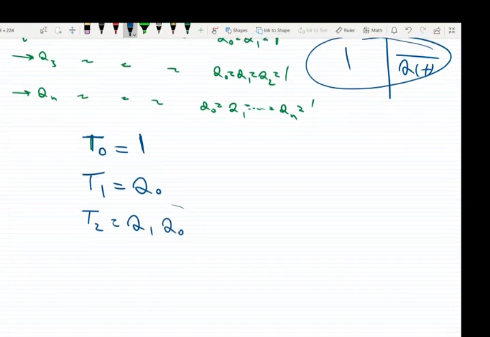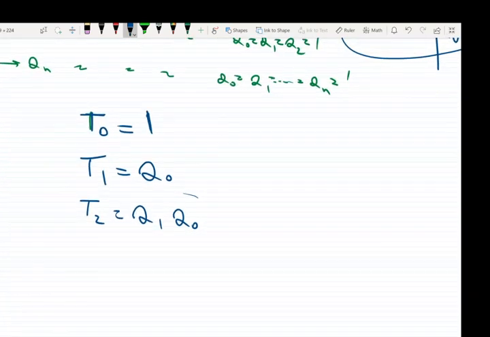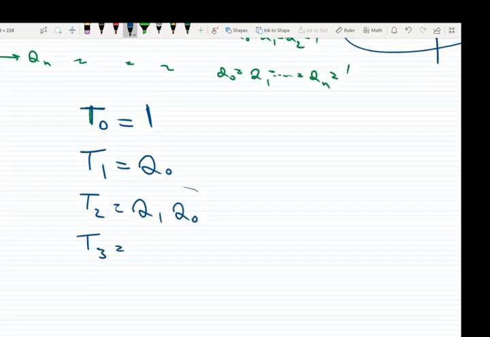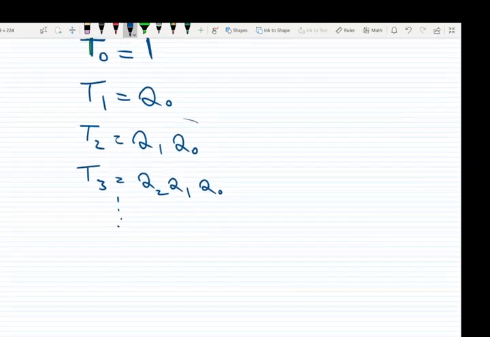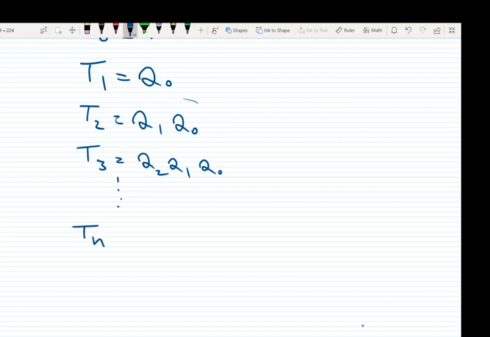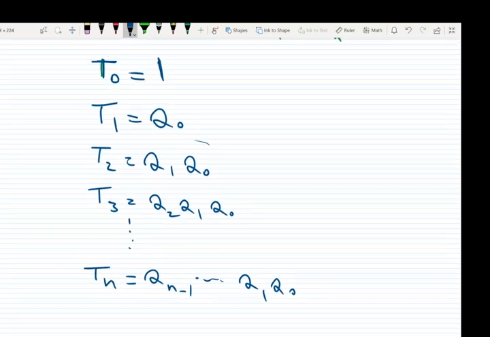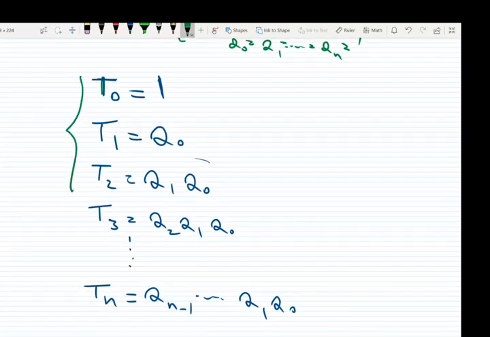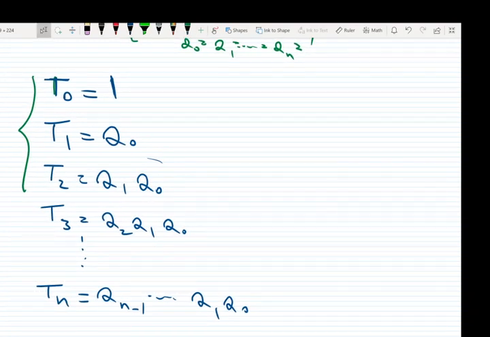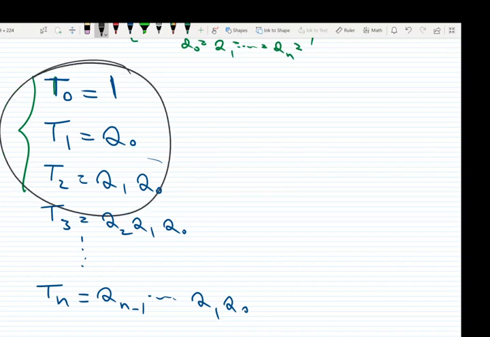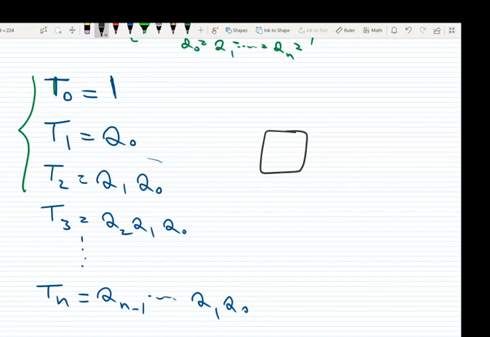If we continue, T3 is equal to Q2 Q1 Q0, and up to Tn, which is equal to Q(n-1) up to Q1 Q0. In this example, we focus on 3 bits. Now it's time to design the circuit, and with this information the design is very easy. We have 3 T flip-flops.